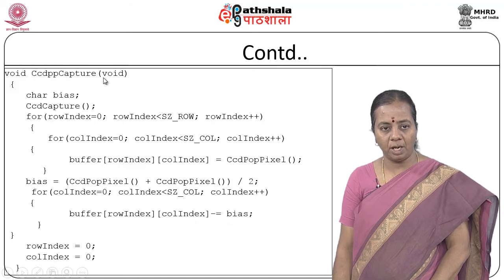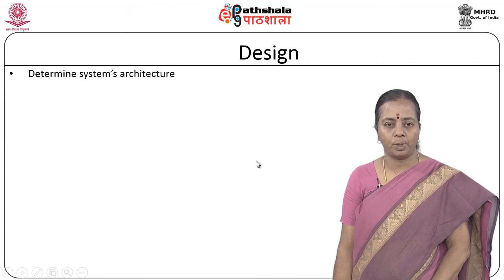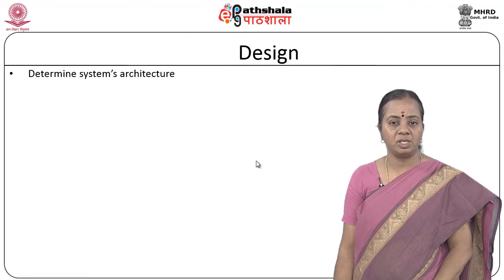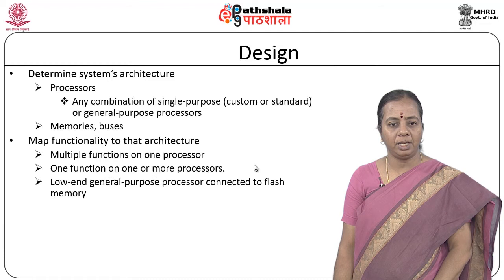That is your CCD pre-processing, which is zero adjustment. That is the way you will write all your code, either in C, C++ or embedded C, supported by the processor placed inside your camera.